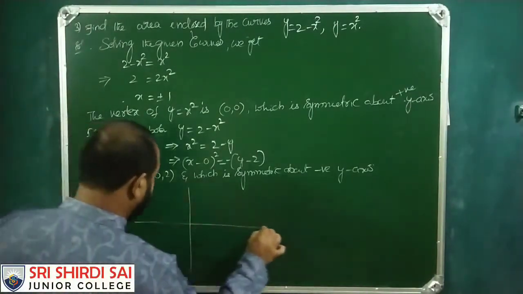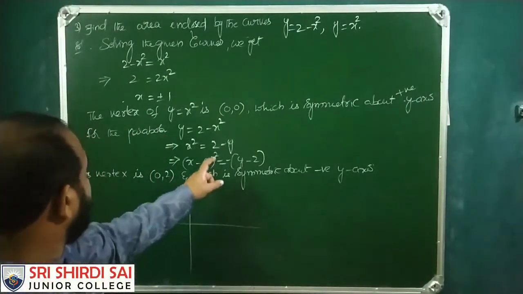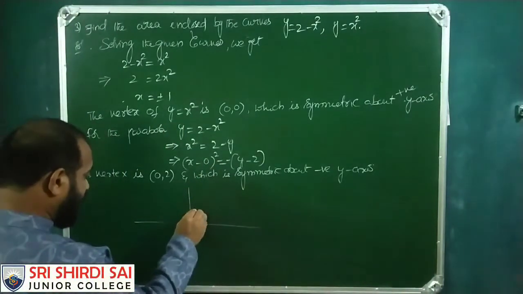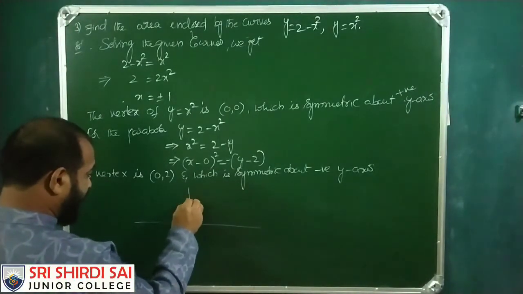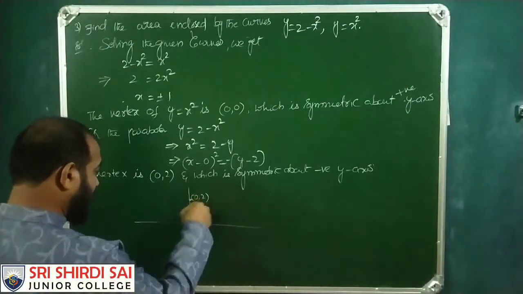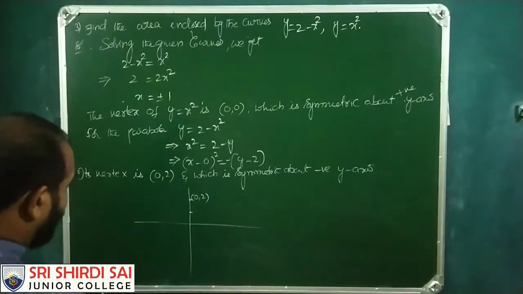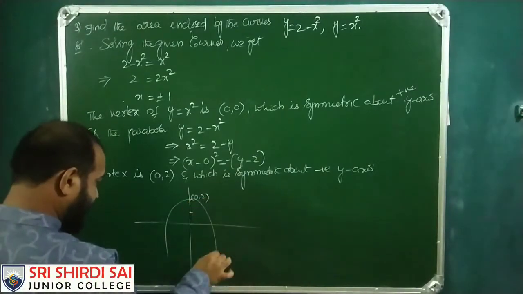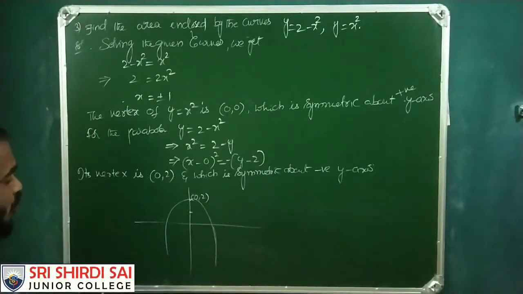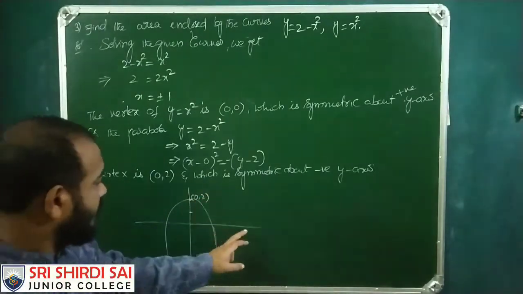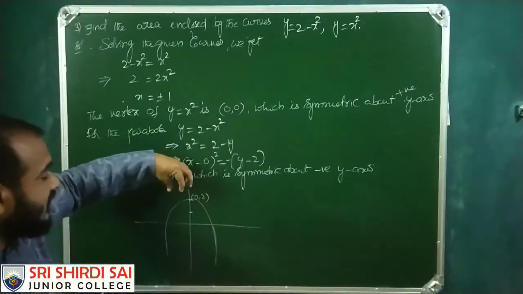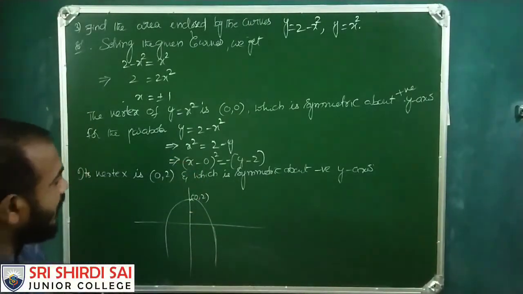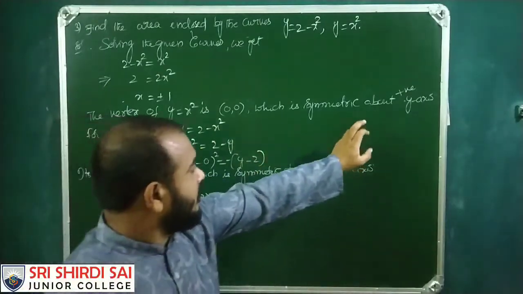First, the vertex of this is 0, 2. 0 comma 2 is on the y axis. It is symmetric about the y axis and opens downward along the negative y axis. Here, this is y equals x square with vertex 0, 0, symmetric about the positive y axis.